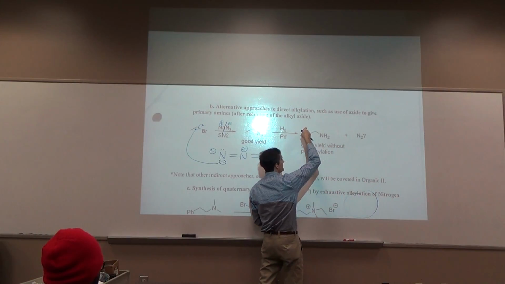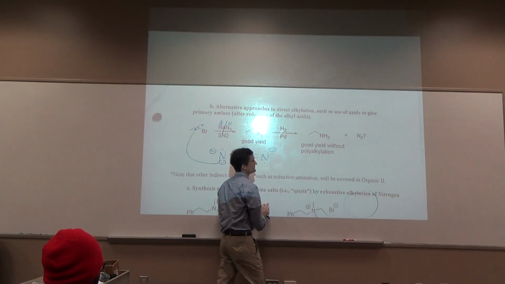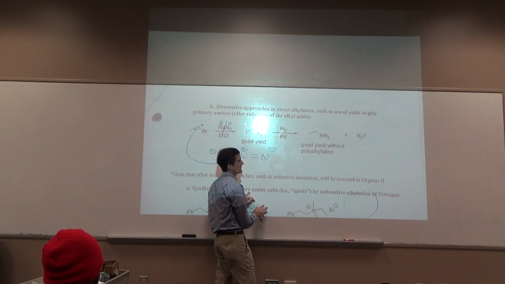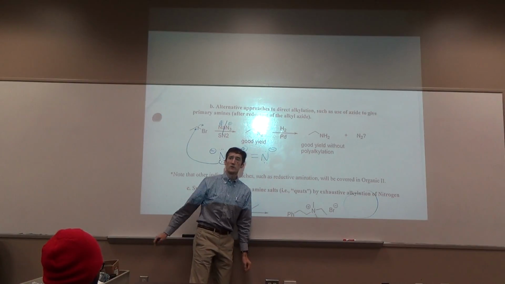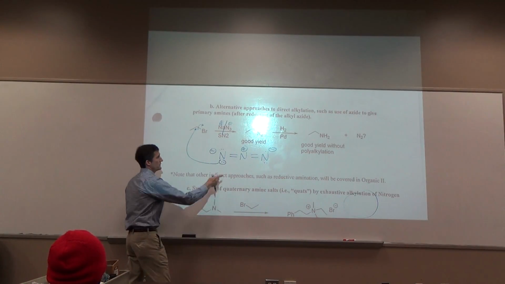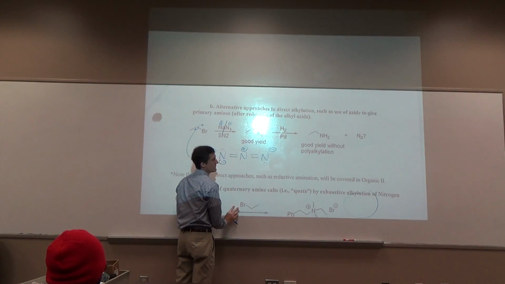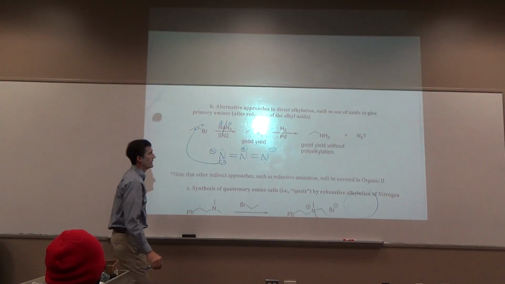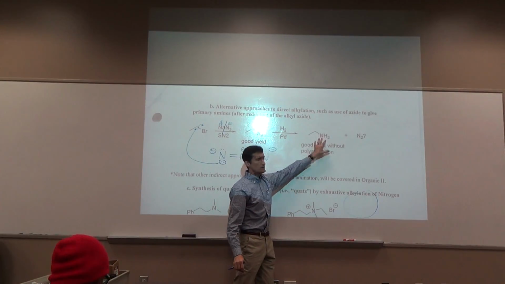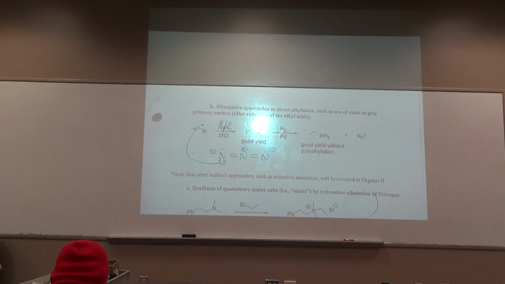Ultimately, though, you leave 1 nitrogen on and you can get the same product. And you can get a good yield of this without having to worry about polyalkylation, because this is only going to alkylate once. So this is sort of an indirect route to making alkylamines. It also illustrates the use of azide.